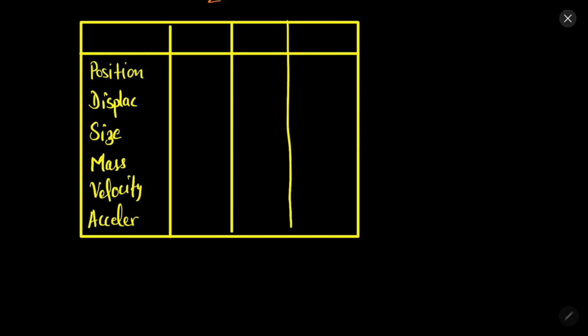We will take frames A and B, and what will be the situation? Will the two people in different frames be in agreement or not? These are the quantities, and this will be the situation, our opinion.